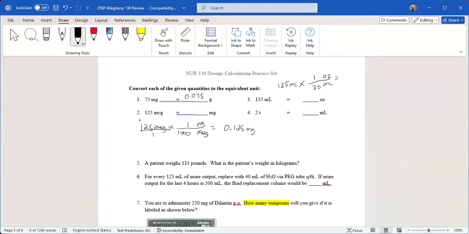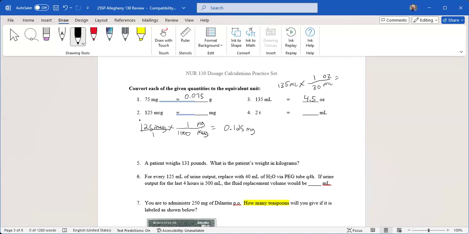So 135 divided by 30. Oh, well, it just gives me 4.5. So I don't need to round anything. I'm just going to leave it as 4.5. But let's say that was 4.52, right? Then you would still answer it as 4.5. If it was 4.56, then you would round it to 4.6. That's the gist of the rounding there.